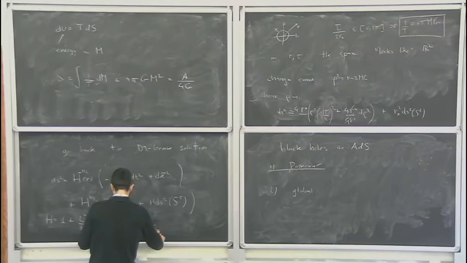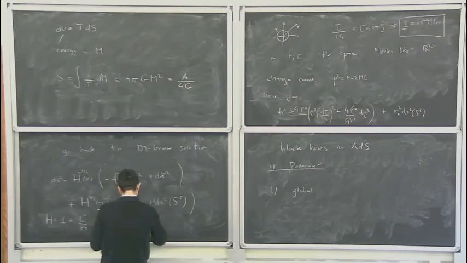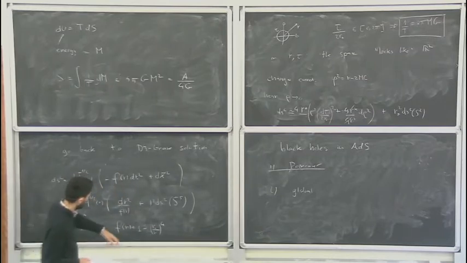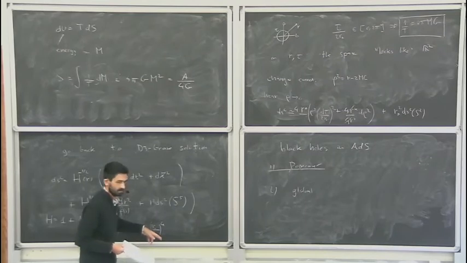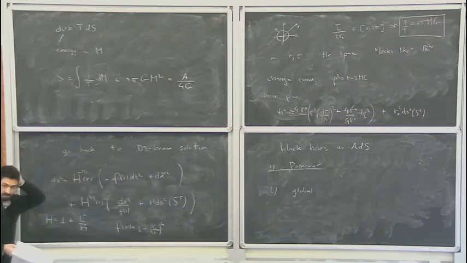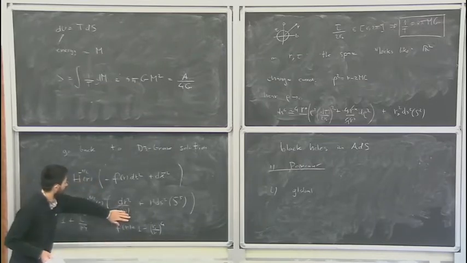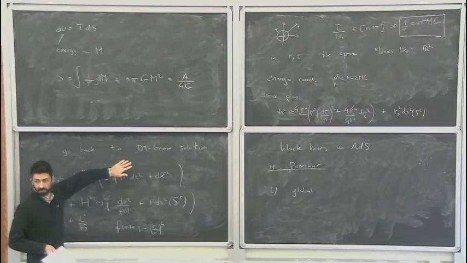So there is some constant here, which I'm just going to call r star, for obvious reasons that will become obvious in a second, to the power 4. So if you take r star to 0, which because it's a free parameter you can certainly do, then f becomes equal to 1, and you are back to the supersymmetric D3 brane solution.